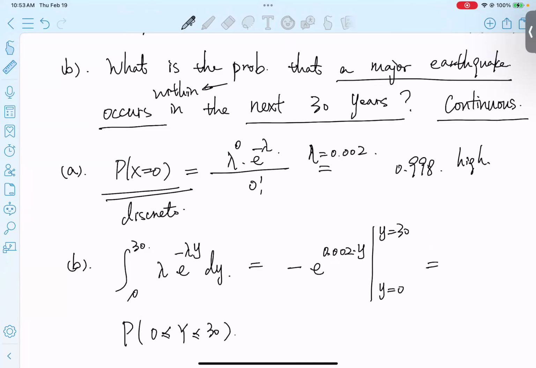If you plug in this number, you will have 1 minus e to the negative 0.06. This will be the probability of 0.06. So you will have a probability of 0.06 that there will be an earthquake happening in that 30-year time window. The formulas and more details are in the last lecture.